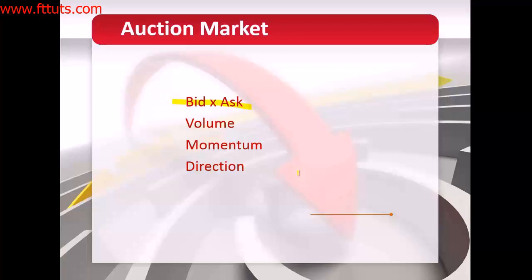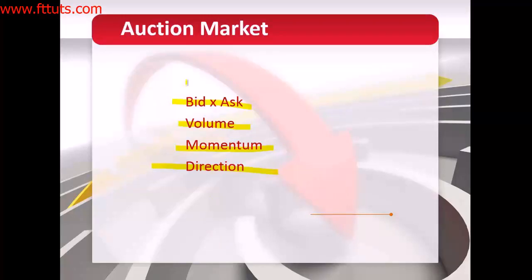The transaction requires understanding of the bid and ask. You also need to understand how volume influences the auction and how we can identify momentum within an auction process, and most important of all, direction. What is the overall direction of the auction and the market?